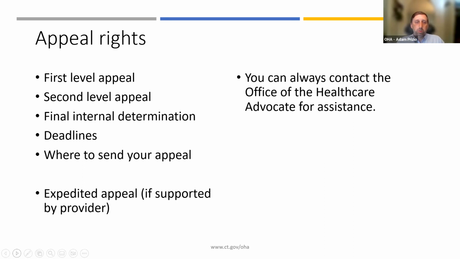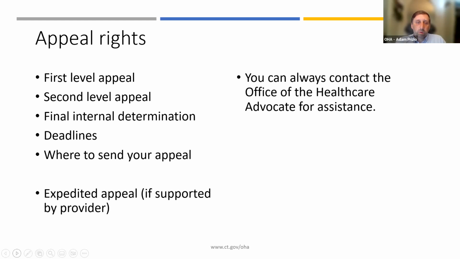You have to go to an outside source, and that could be an organization within the Medicare program that hears those. It can be the insurance department, which does external appeals for plans that are regulated by the state of Connecticut.